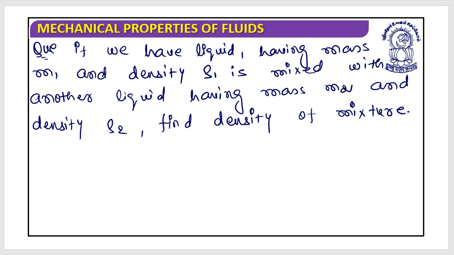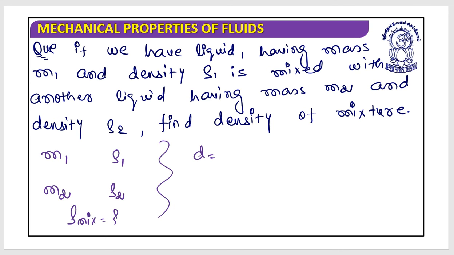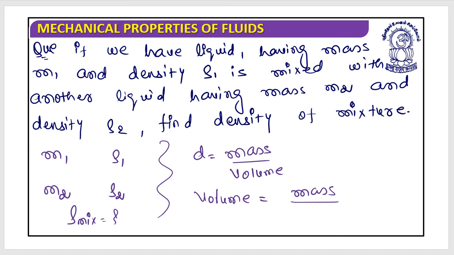We have two liquids. One has mass m1 and density rho 1. Another has mass m2 and density rho 2. What I want is the density of this mixture. How will I do this? Density is equal to mass divided by volume, and from this, volume is equal to mass by density.